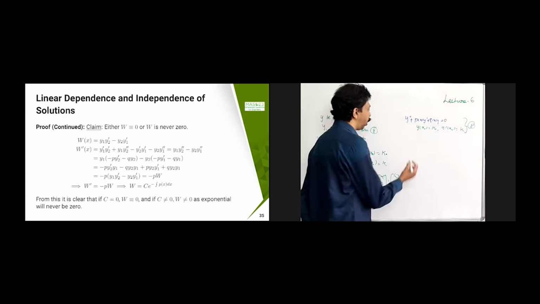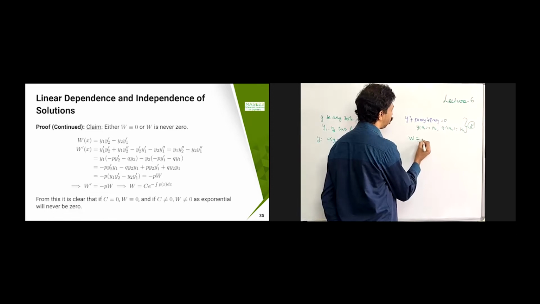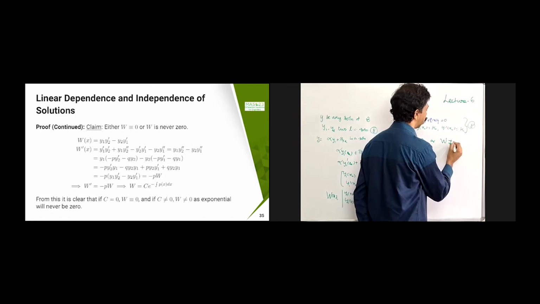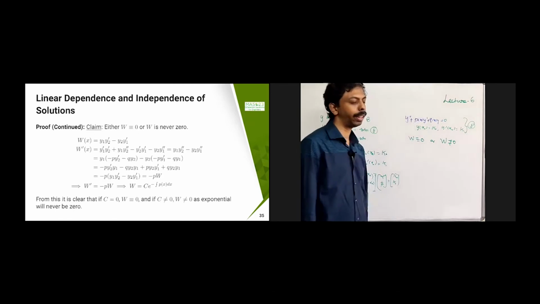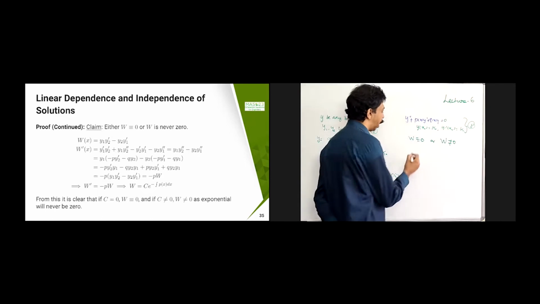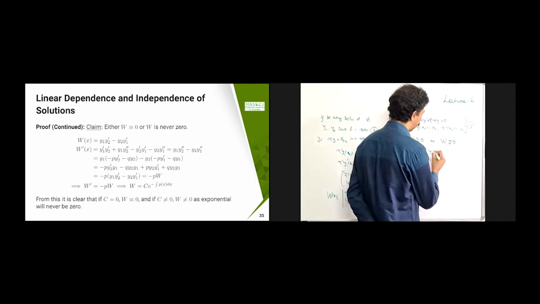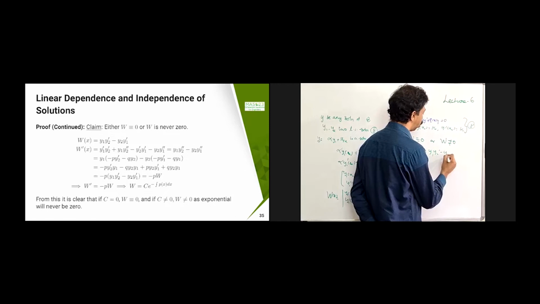So the claim is here, we are going to claim more than that. We are going to say either W is identically 0 or W is never 0. Now we have W of x, which is y1 y2 dash minus y2 y1 dash.